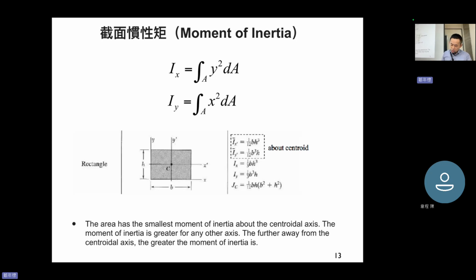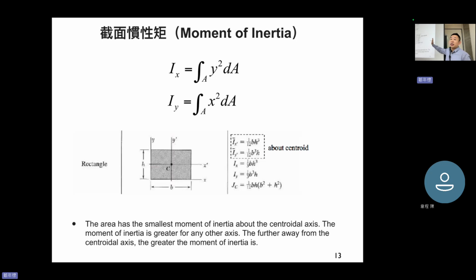So you can see this is a rectangle projection, and you need to rotate about, for example, the x-axis or y-axis or x bar or y bar. So how difficult can we rotate about this?